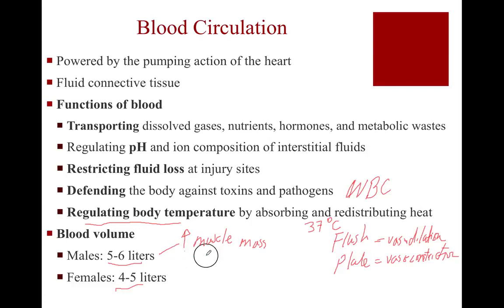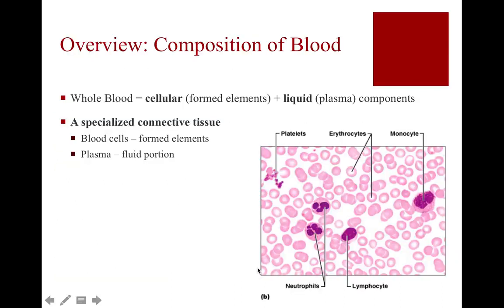Now, to accomplish the higher blood volume, we actually rely on a hormone called testosterone, which is the major male hormone responsible, as one of its functions, for production of higher levels of blood cells.